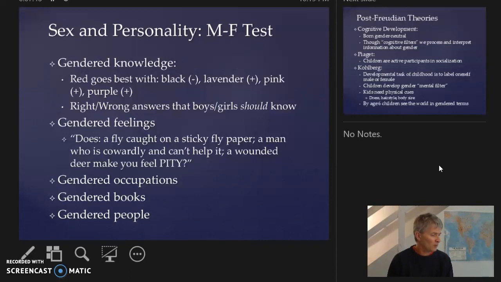Another category would be gendered people. Some of the questions that you might encounter in this category would be: do you rather dislike to take your bath? Not sure. I guess boys would rather dislike that. Are you extremely careful about your manner of dress? Do people ever say you talk too much?